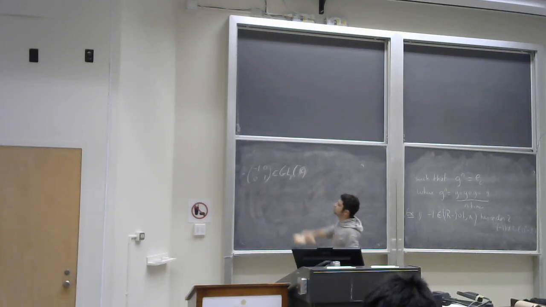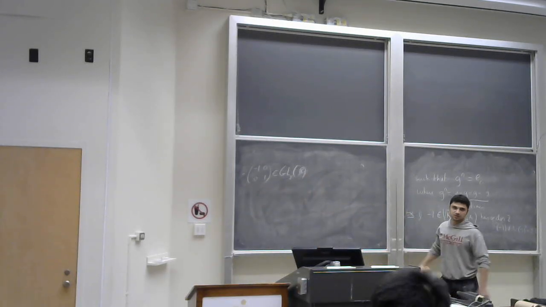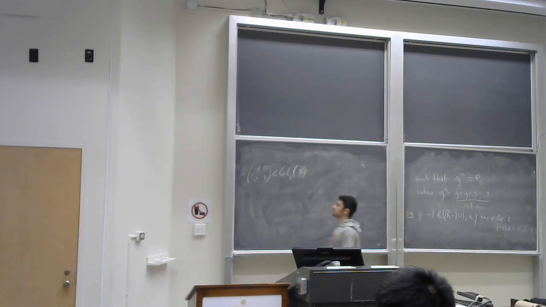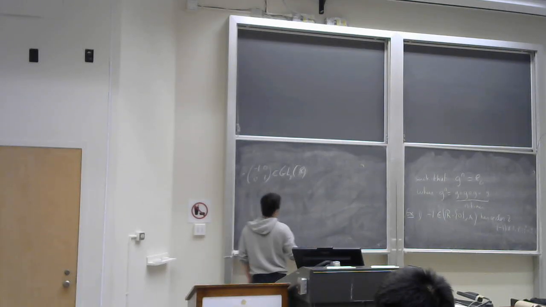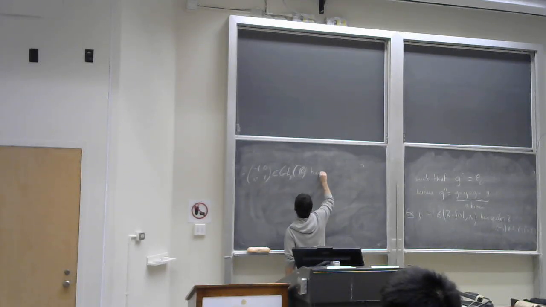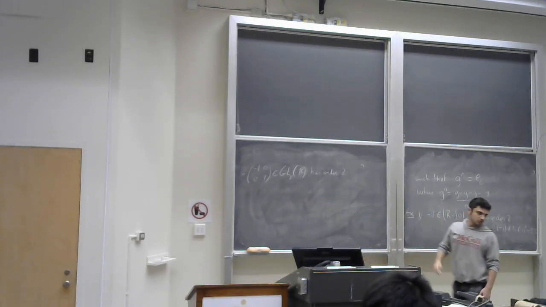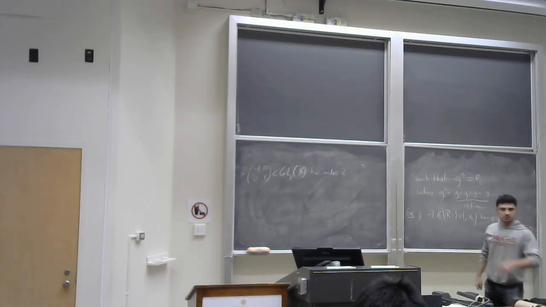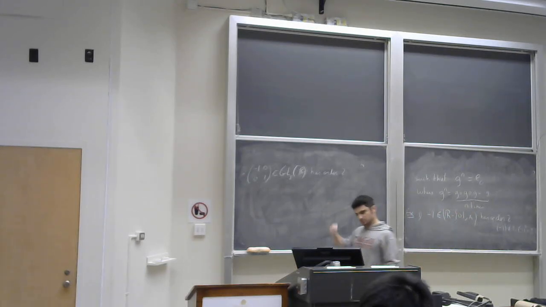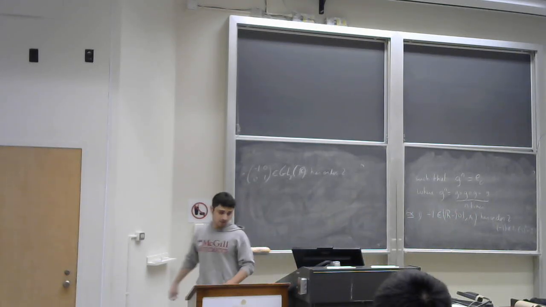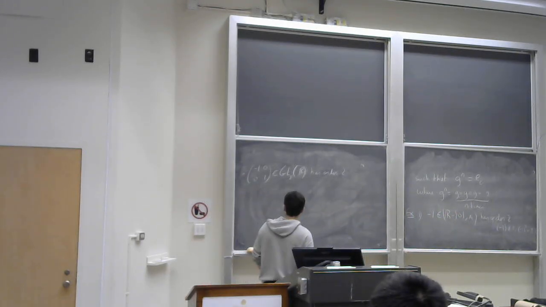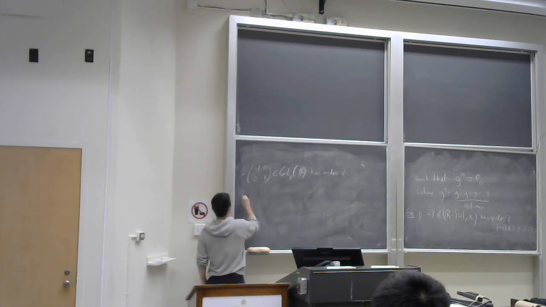GL2R is the group of 2 by 2 invertible matrices under multiplication. This has order 2, right? Square it, you get the identity. You're squaring a diagonal matrix, so you just have to square the elements. So the square of that is the identity, and this is not the identity, so this has order 2.